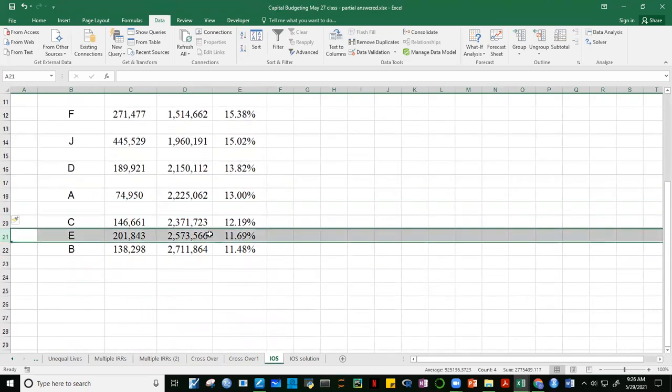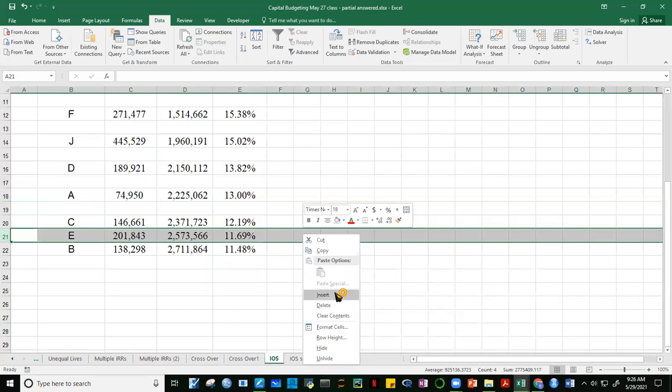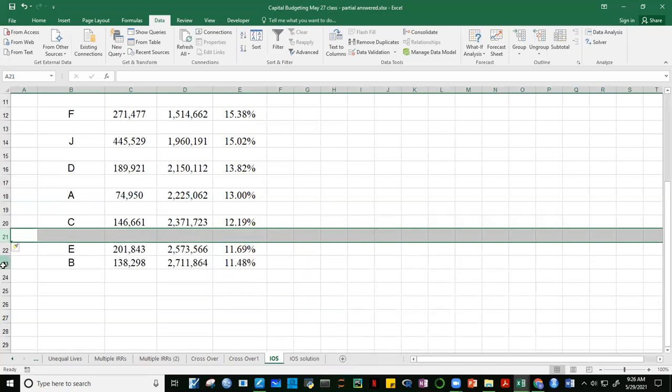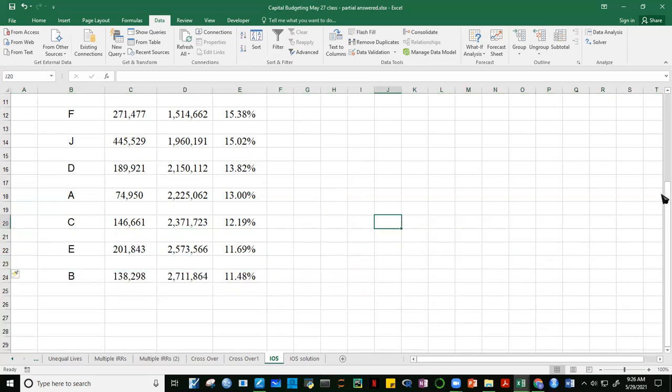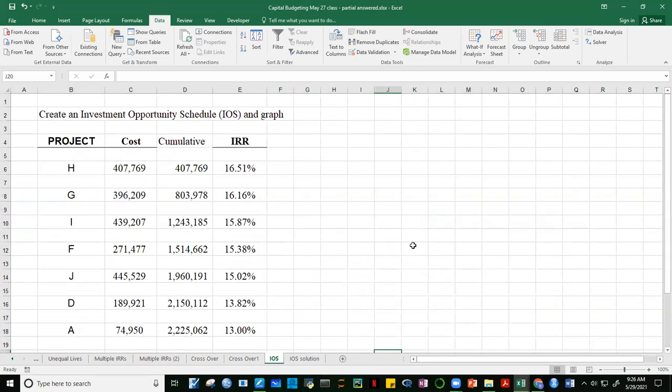Until you have inserted rows between the projects, all the projects. All right. Okay, so what we need to do is plot that portion from 0 up to 407,769.